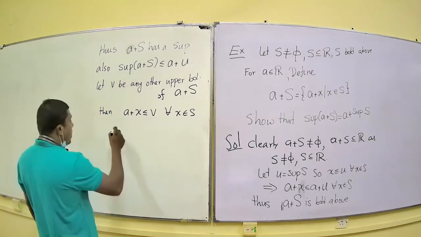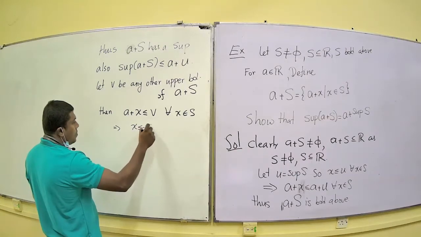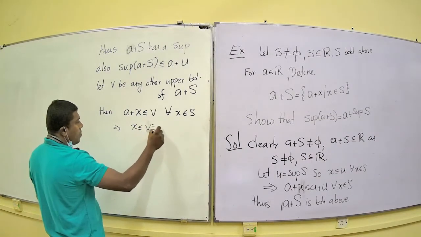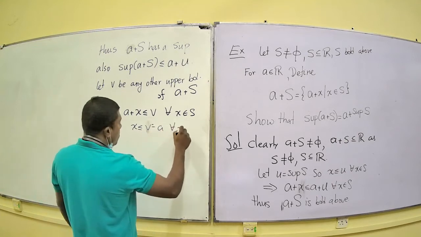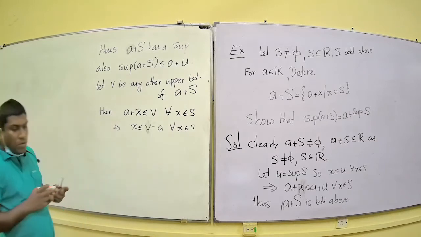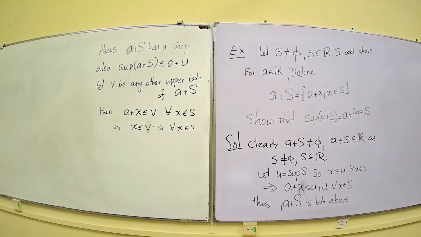So you rearrange that. If you rearrange this, what you have is X is less than or equal to V minus A for all X in S.